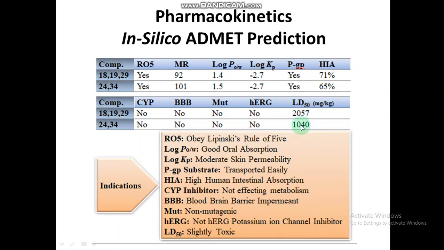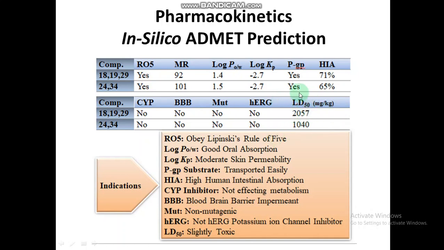And here is the LD50 value, which is the lethal dose 50, in milligram per kg. According to this data, the compounds are slightly toxic. Compounds 24 and 34 are somewhat more toxic than the others. The lethal dose is the dose in milligram per kg which gives 50% death.